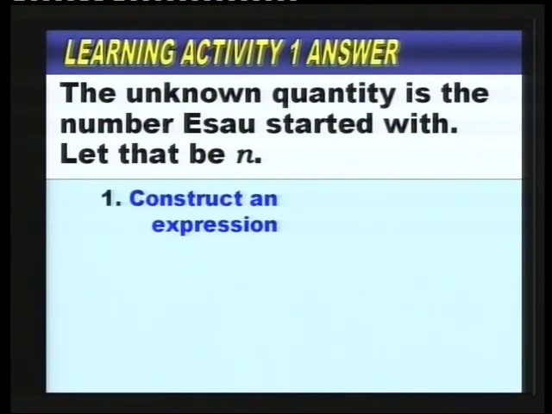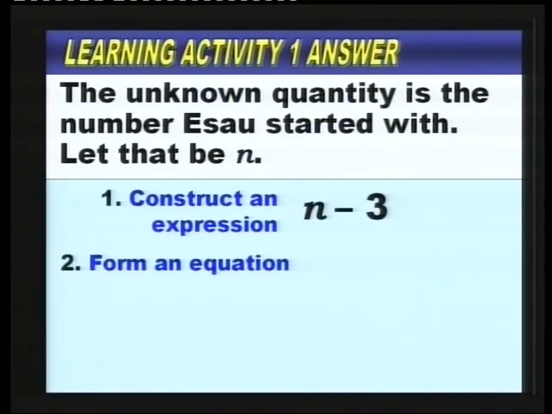So firstly, this is what you are going to do when you want to solve an equation. Number one, construct an expression, which is n minus 3. That is the unknown number Esau thought of, and then he subtracts 3. Number two, form an equation.